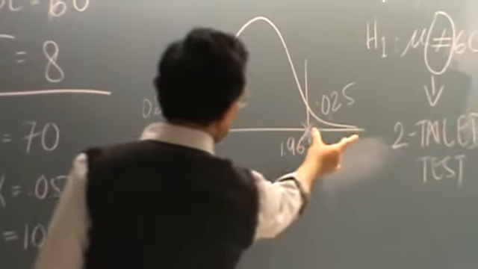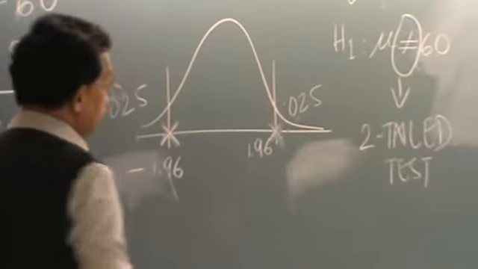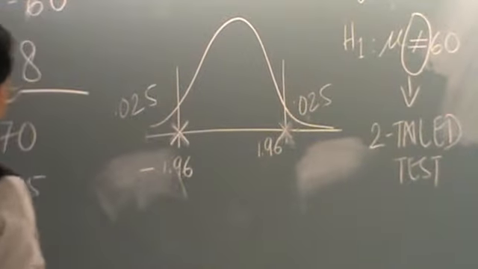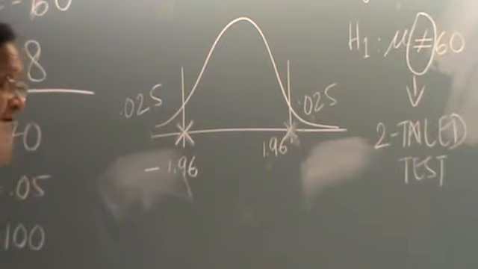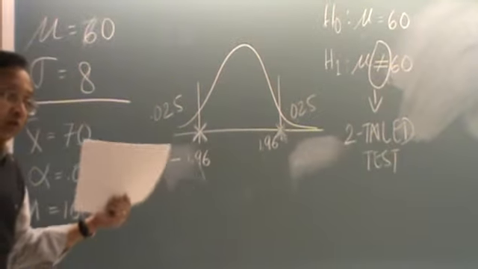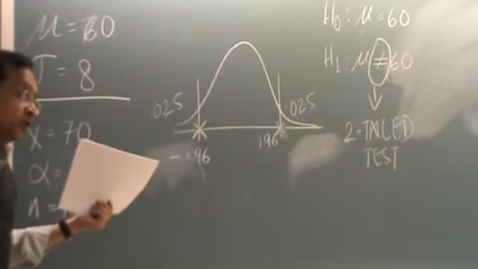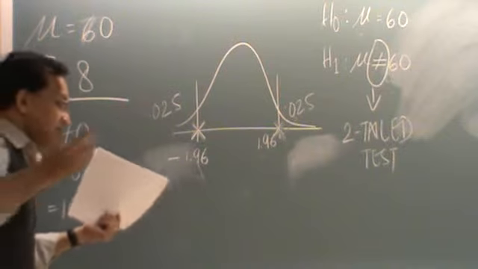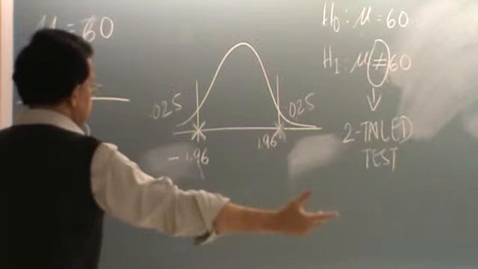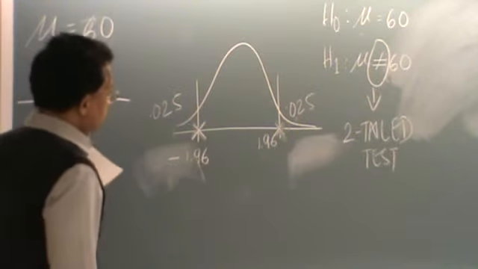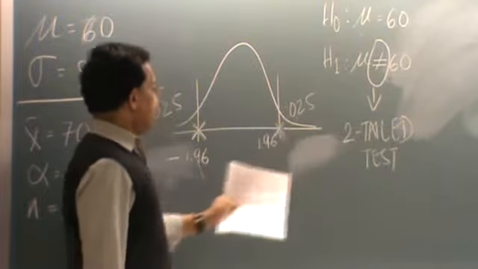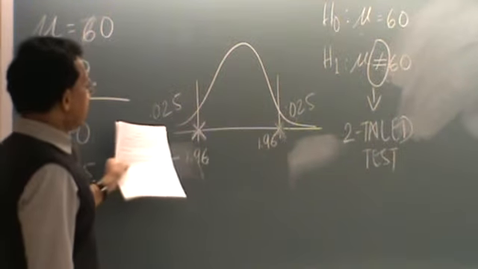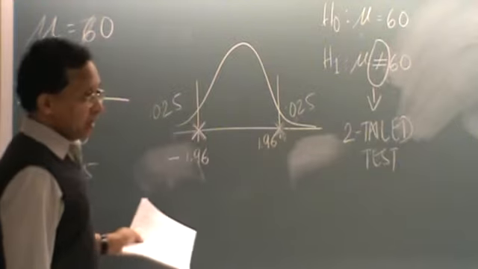So we are going to look at the right tail and the left tail. Again, alpha is 0.05. We are looking at both tails of the curve. So 0.05 is equally distributed on either tail. So on each side we have 0.025 on the right side, 0.025 on the left side.